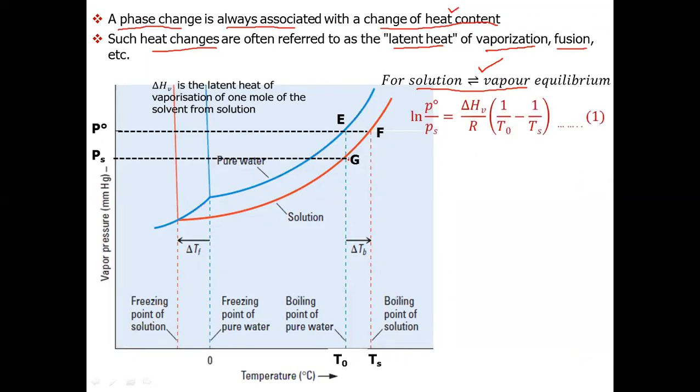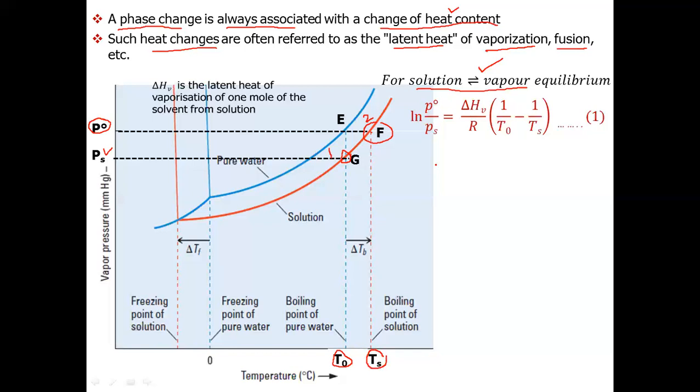Suppose we apply it at point G and at point F. Term point G as 1 and point F as 2. At point 1, G, the vapor pressure is Ps and the temperature is T naught. At point 2, the vapor pressure is P naught and the temperature is Ts.